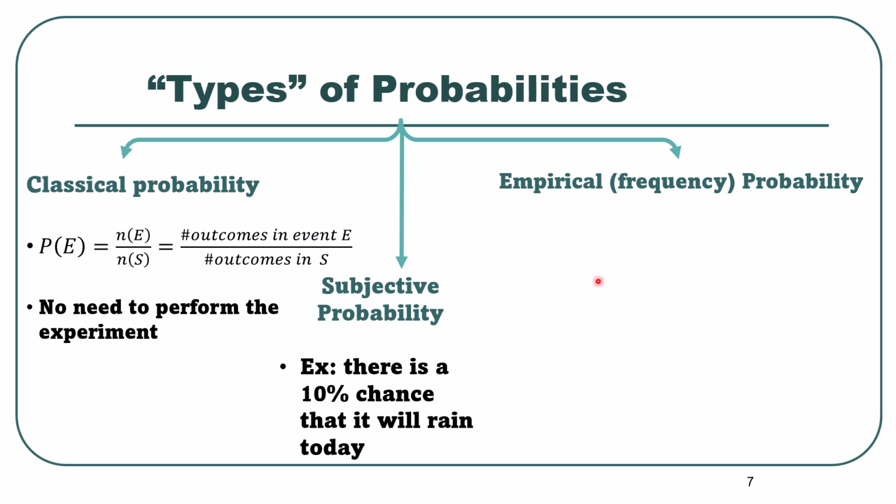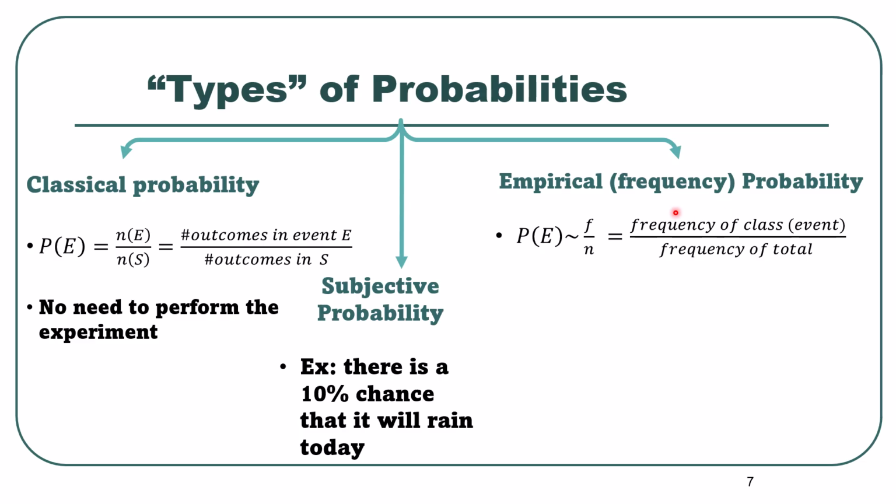The last approach is the empirical probability, or frequency probability. This depends on a frequency table, and here we need to run the experiment so that we can get the frequency distribution table.